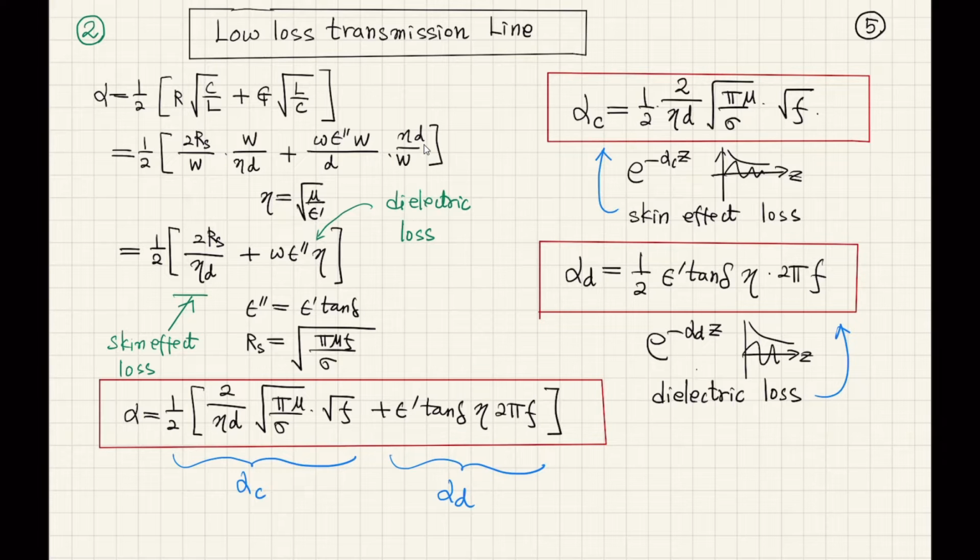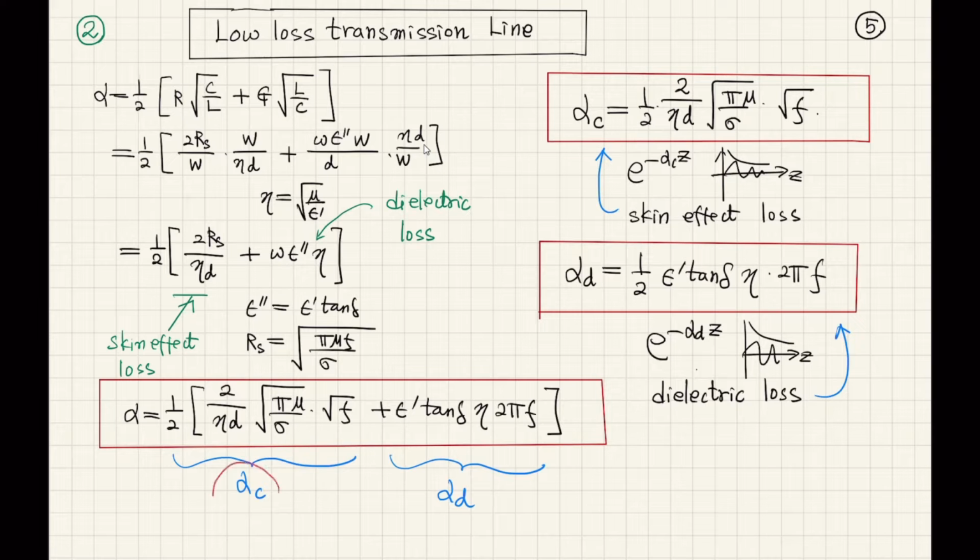This morning I was thinking about spending some time to rigorously derive them, but it is a little bit too much, so I'm not going to do that today. I'm going to talk just about the meaning of these equations more deeply.